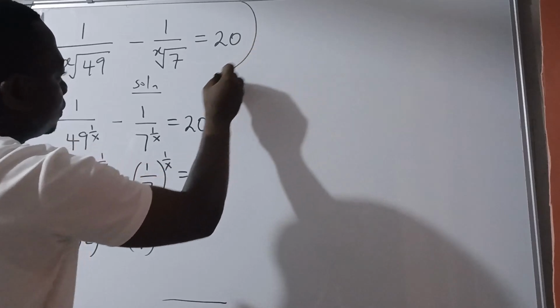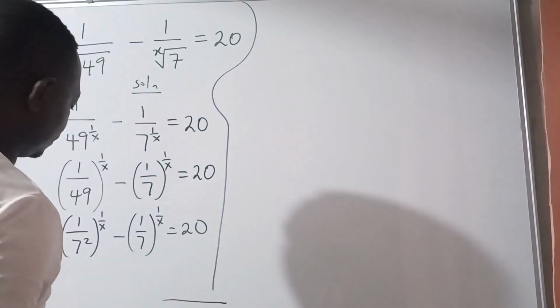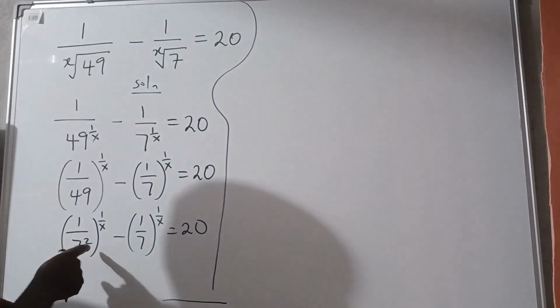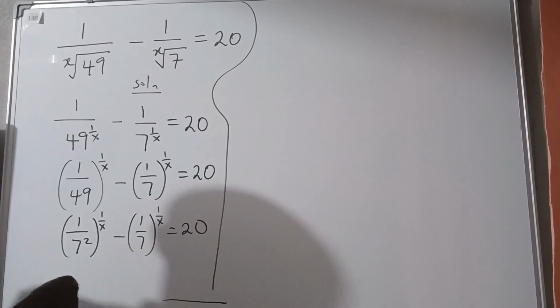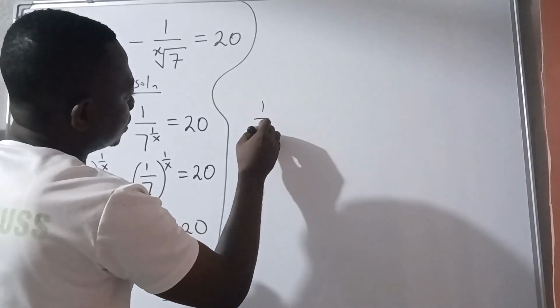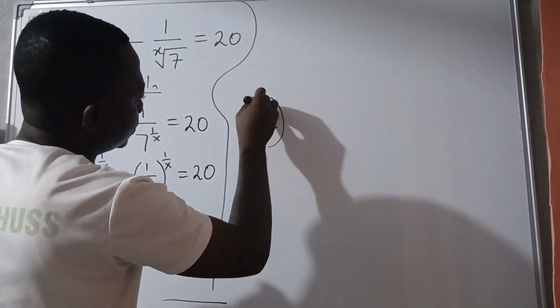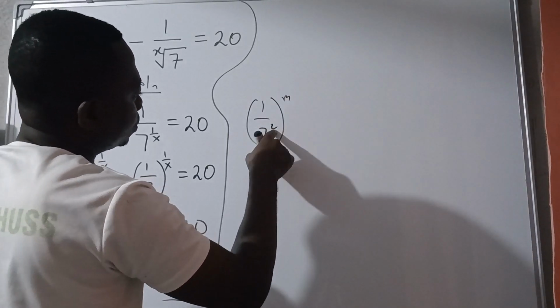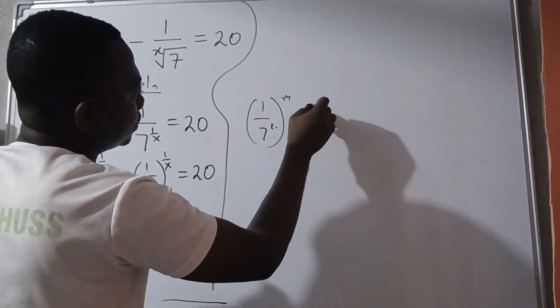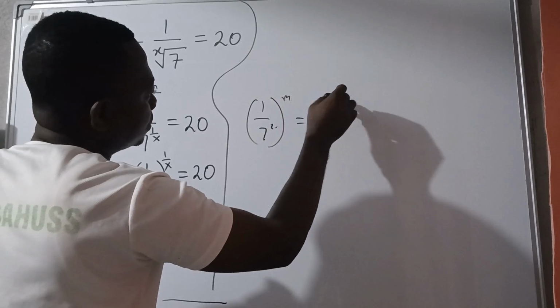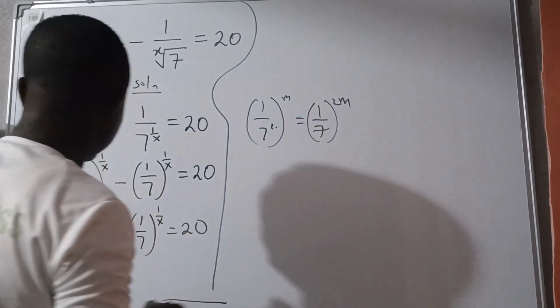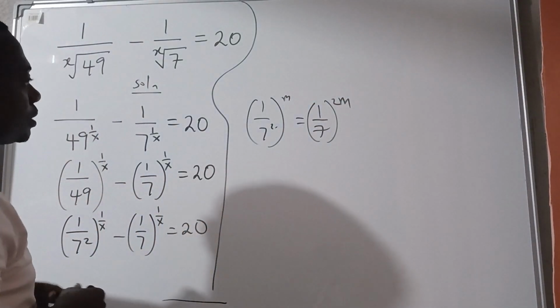Now understand that this 2 can be brought out. It's like saying 1 over 7 squared all raised to this m. So this one can be up here. That would be 1 over 7 all raised to 2, and to multiply the m here, that will be 2m. So we can do same here.